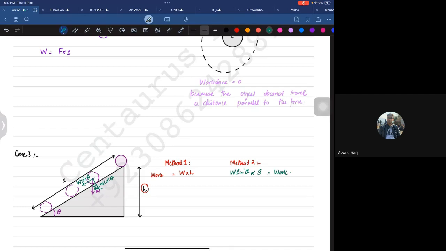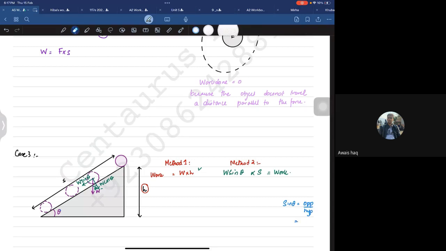Now, the question is, how is that even possible? Like, why is W sine theta times S the same work done that we find through this? It's pretty simple. Think about it. If this is a triangle, so sine theta is opposite over the hypotenuse.